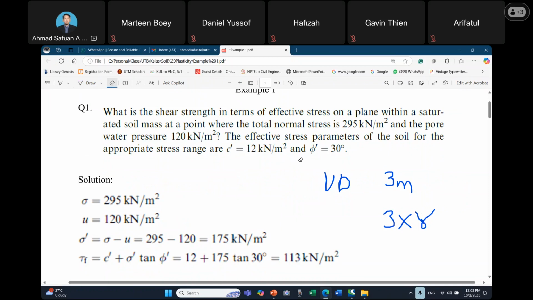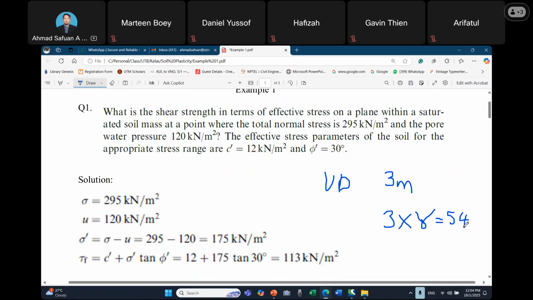Usually the unit weight can be estimated based on the SPT, the standard penetration test, or we can measure it at the lab. Then this unit weight is multiplied by the 3 meters, and that is the suggested confining pressure that we should apply. So 3 times 18, for example, gives 54.